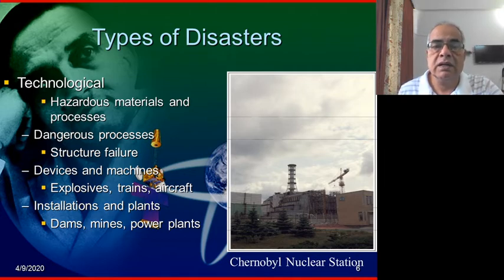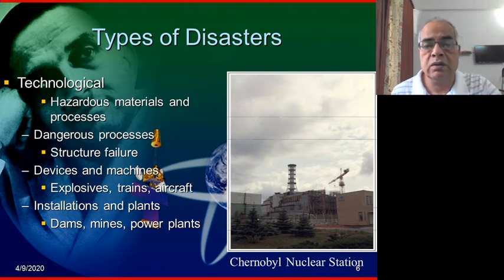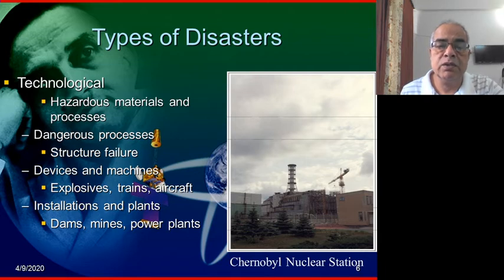These involve hazardous materials and processes, so they are dangerous. For example, there is the structure of Fukushima, another nuclear disaster. Or there may be the presence of explosives, trains or aircrafts. There can be a disaster because of these failures, or there may be the failure of dams, mines, or power plants.